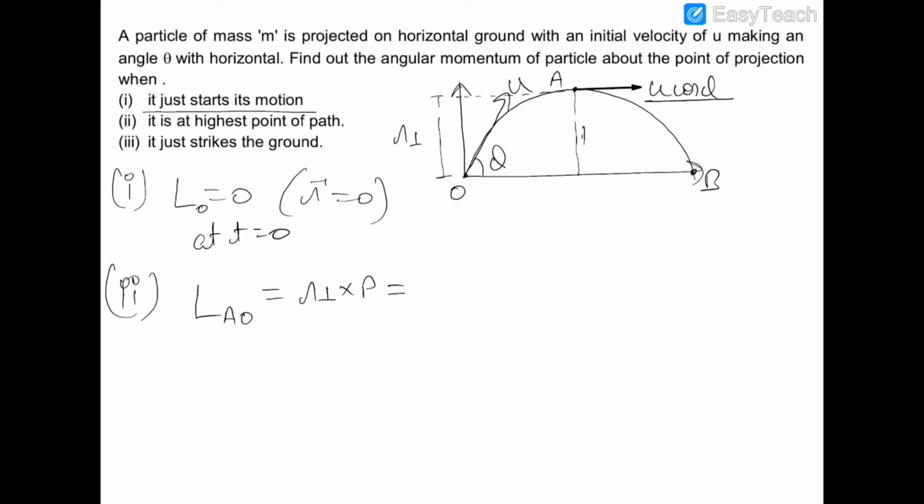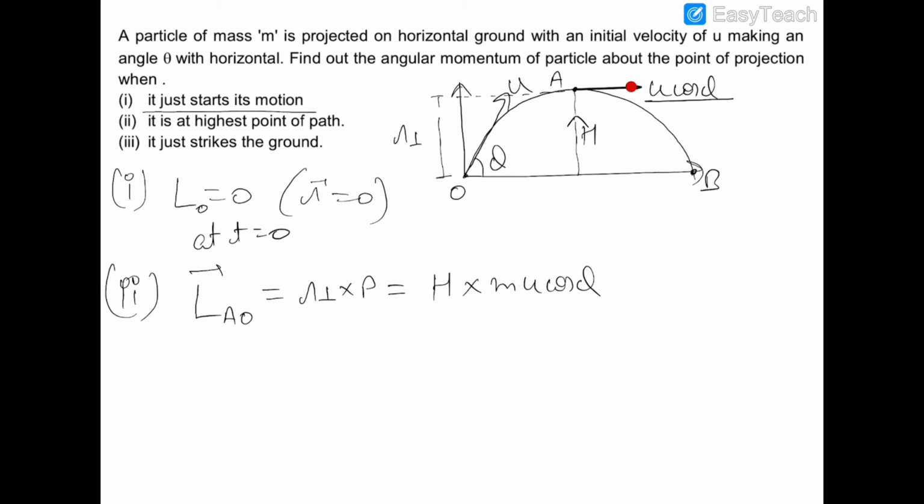So this perpendicular distance is the maximum height attained by the projectile. So this is h and mu cos theta. Now the direction of this angular momentum can be calculated by this one. You have to curl your fingers from h towards momentum, so you have to curl the fingers of your right hand in clockwise sense like that.